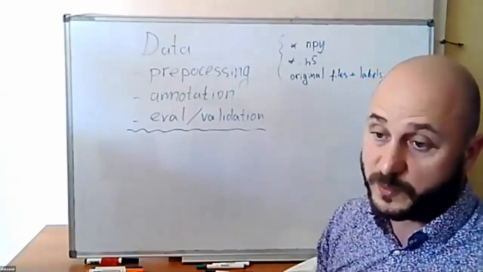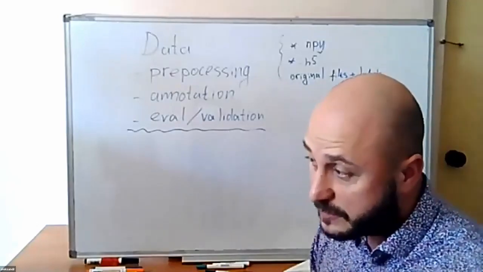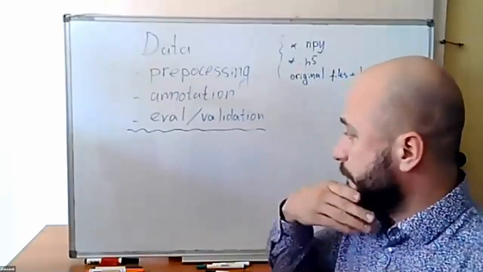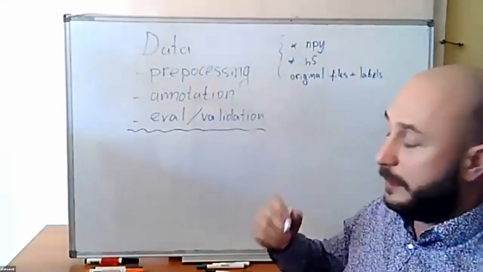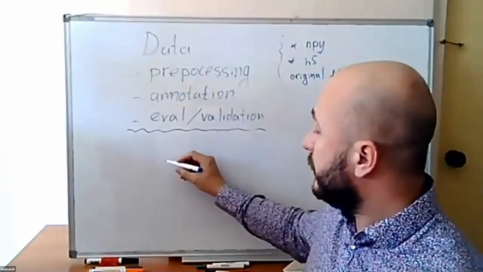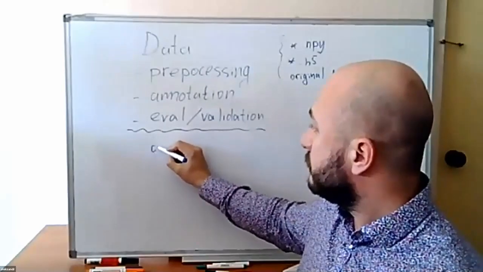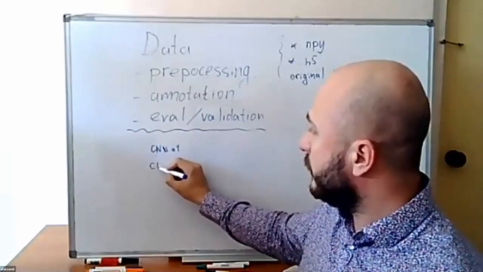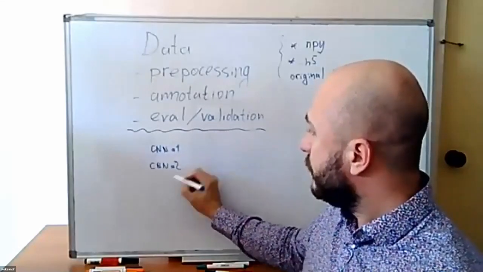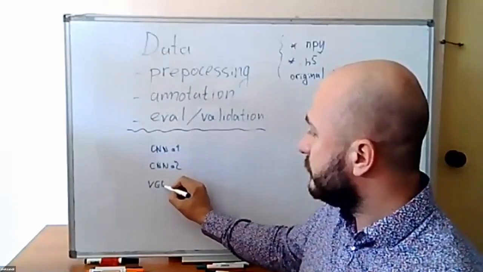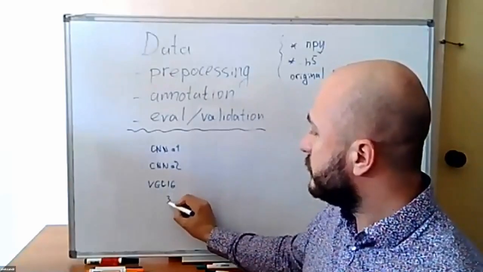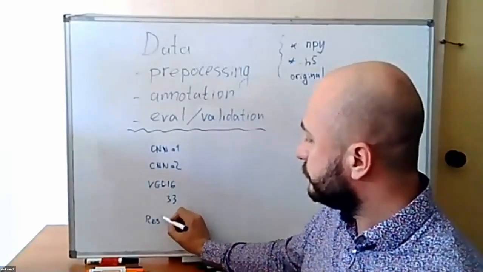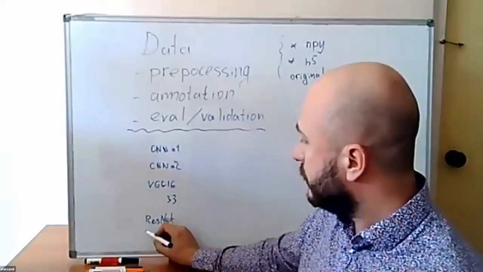What we do next is establish our experiment plan. It can be like: we want to try CNN with architecture 1, CNN with architecture 2, maybe VGG 16, 32, maybe another architecture.